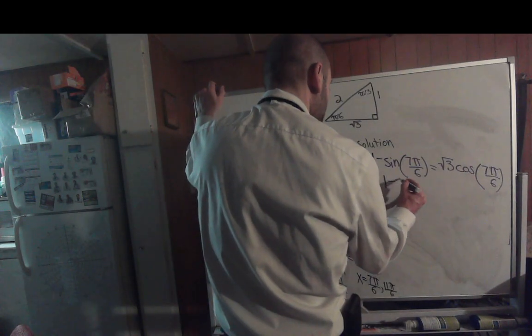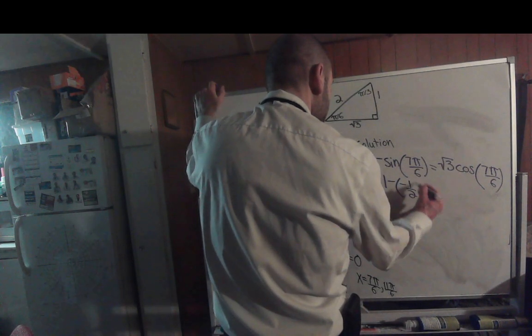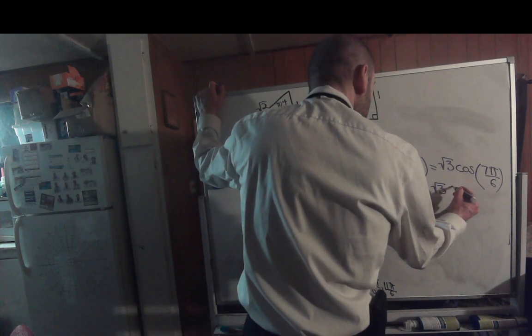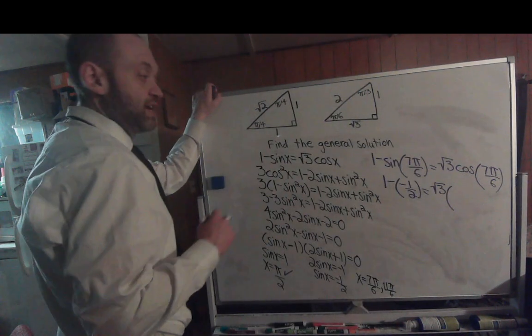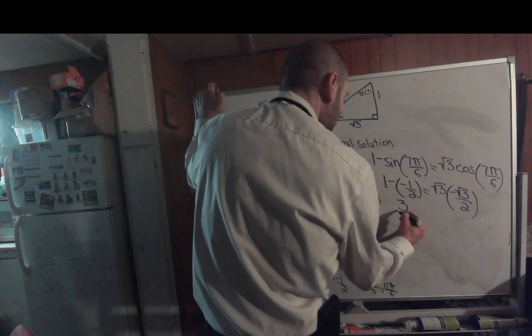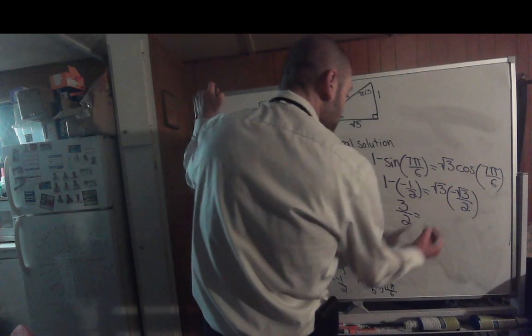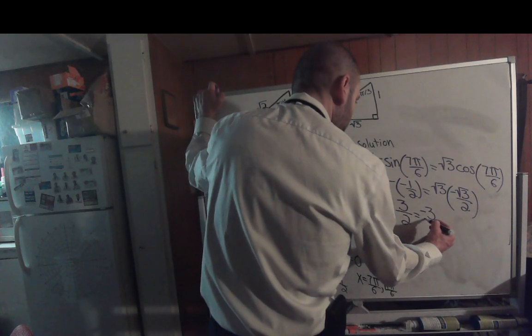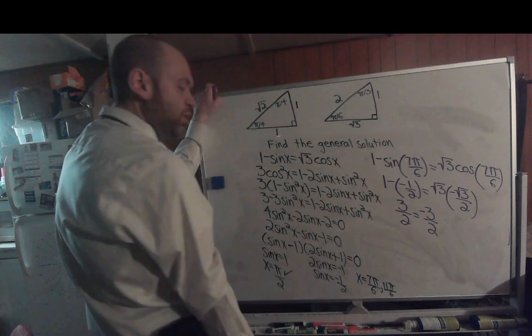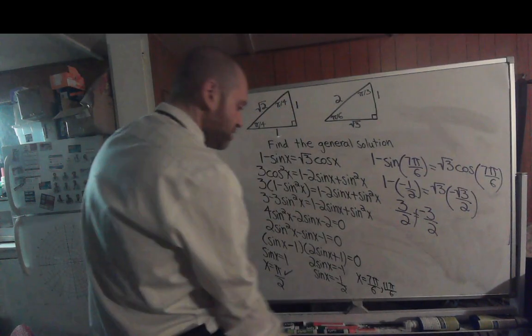So you'd have 1 minus negative 1/2 equal to the square root of 3 times, now what is the cosine of 7 pi over 6? That's negative of the square root of 3 over 2, since you're in the third quadrant. So this would be saying that 3/2 equals, that'd be negative 3/2. Well, we know that's not true, so 7 pi over 6 does not hold.